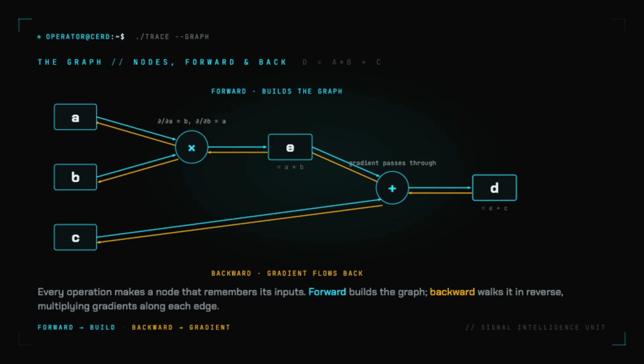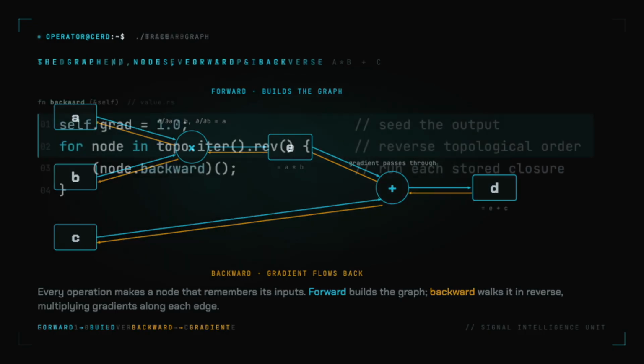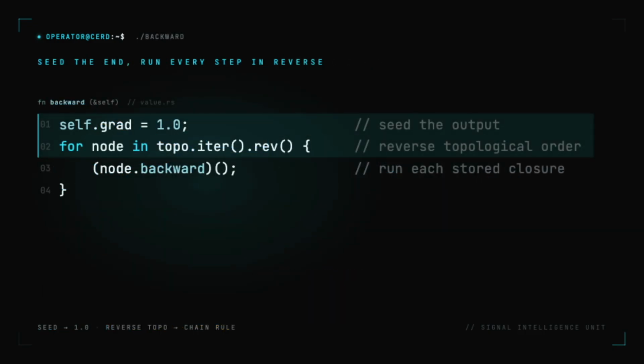And if the value reaches the answer by more than one path, you add up the contributions, and that's the plus equals again. So what this means is backward is really just this. Seed the very end with a gradient of 1, since the output's effect on itself is 1, and then you walk every node in reverse.